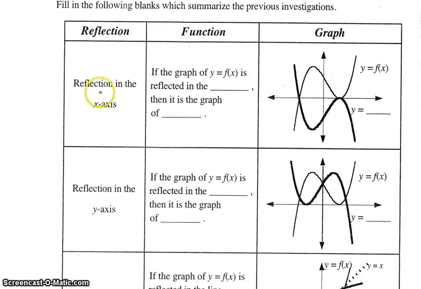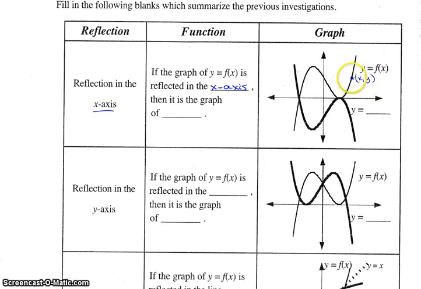So if we're reflecting in the x-axis, if the graph of y equals f of x is reflected in the x-axis, then it is the graph of, and they're looking for what the equation becomes. Now let's go over here and take a look at the graph to figure this out. Say we have a point here on the original graph, at x comma y.